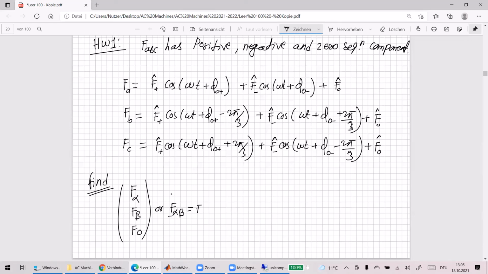You are free to write in whichever way you want. This one and FD, FQ. Of course, the zero sequence is the same, so I'll not write it again. Or you can write in vector FDQ, which is your FD plus j FQ. So you should find the general formula for this.